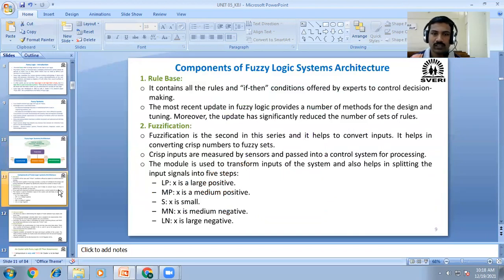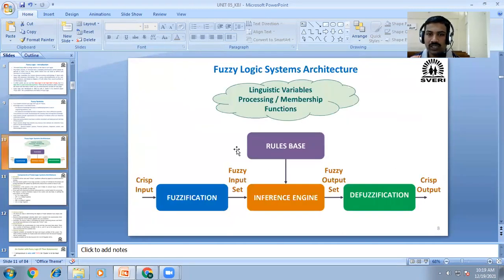Now, last time also we discussed that. We discussed the components, what is meant by rule base. It contains all the rules. These if-then rules are defined like our if-else statement. We can write: if the water is hot, then and only then we can start our geyser, otherwise the geyser must be switched off.